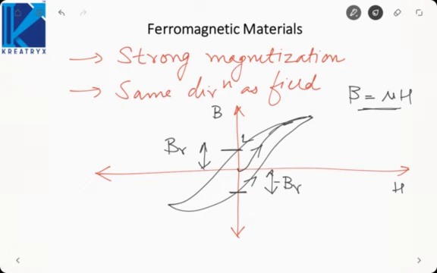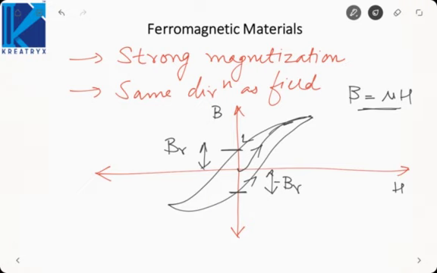Such sort of materials are called ferromagnetic materials, which have spontaneous magnetization. That means they remain magnetized even in the absence of the magnetic field. And the residual magnetic flux density is called residual magnetization.